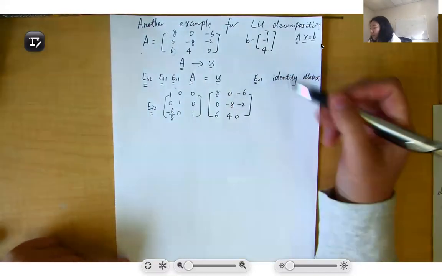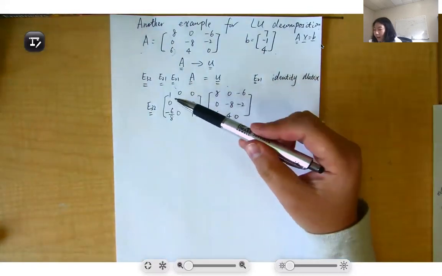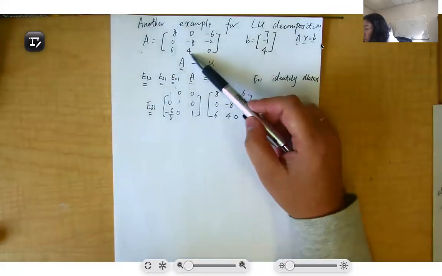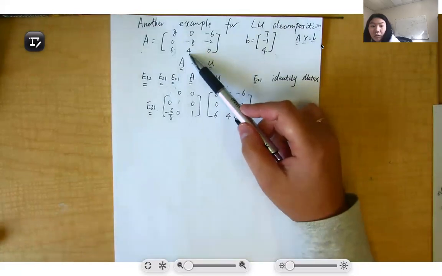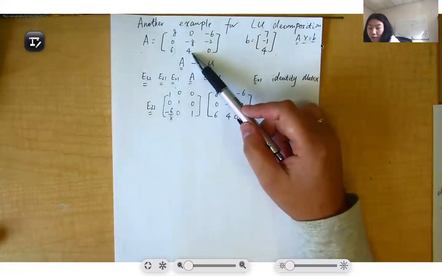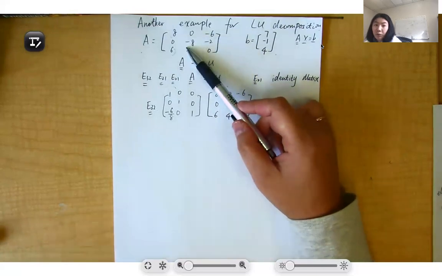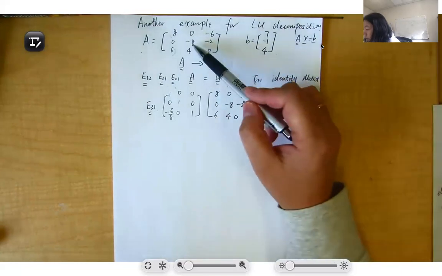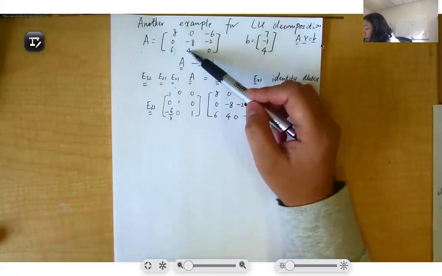This is the E31. How about your E32? The E32 is here. So you have the 4 here. In order to make this 4 be 0, you need the scaling parameter with respect to this -8, right? So it's 4 divided by -8.